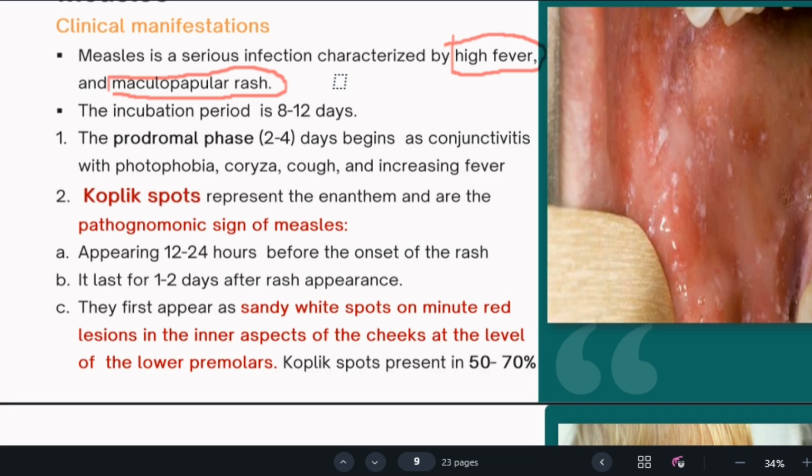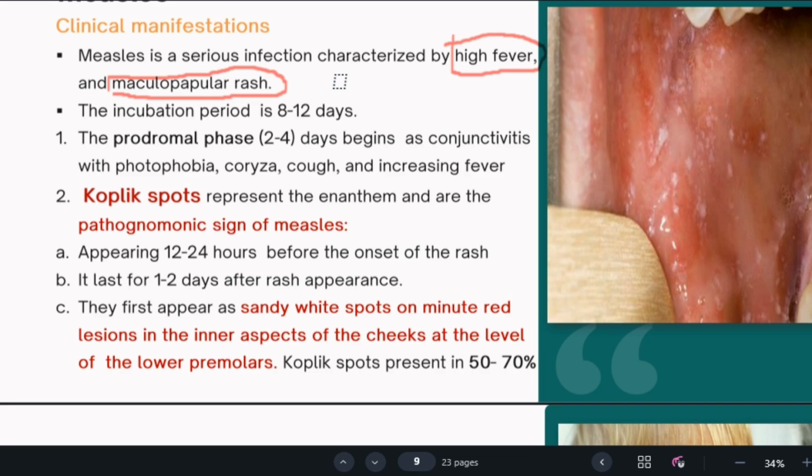These two pathogenic processes are responsible for the clinical manifestation. Measles has 4 phases: incubation period, prodromal phase, exanthematous phase, and recovery phase.